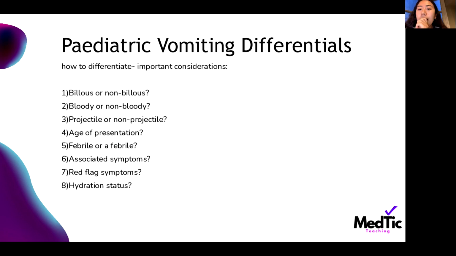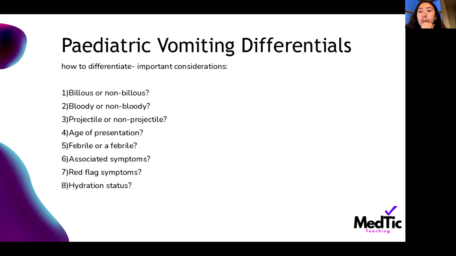And then I just thought, when you're trying to differentiate between vomiting differentials, there's a few key points to have in your mind when you're thinking, what could be going on here? I think a classic one is bilious or non-bilious. Is there blood in there? I think age of presentation is very, very important as well.